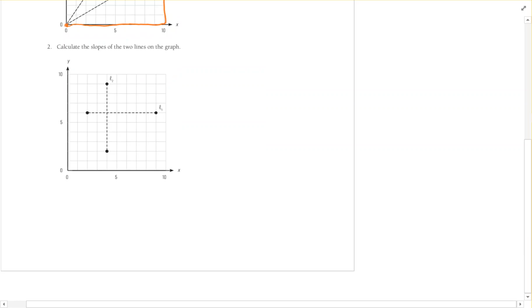So the 2 lines here, how would you figure out the slope of a flat line? We had a slope before, right? We were able to figure out the rise and the run. But now this thing is just sitting flat. So technically, this has a rise of 0. It doesn't have any rise. This part of my triangle doesn't exist. So this has a rise of 0 and a run of, well, for L1, that's 1, 2, 3, 4, 5, 6, 7.